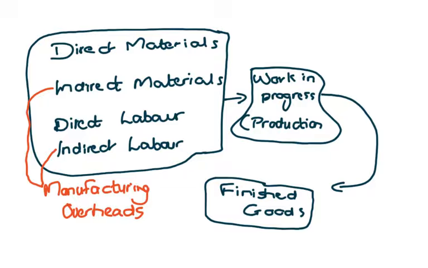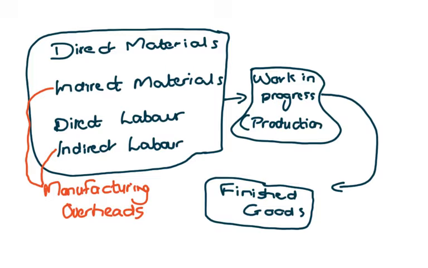Then you will post it or you will transfer it to production. So these items, this material, are now in a store, and when you want to produce something, you will issue a requisition to ask from the store the materials, and then you will write it up in the production account or in the work in progress account.